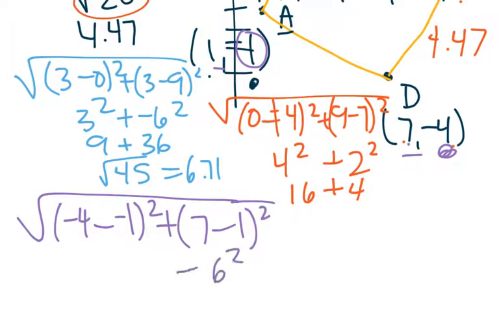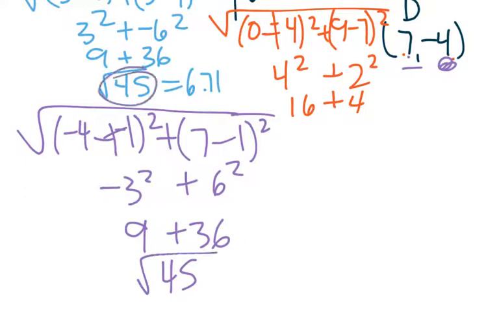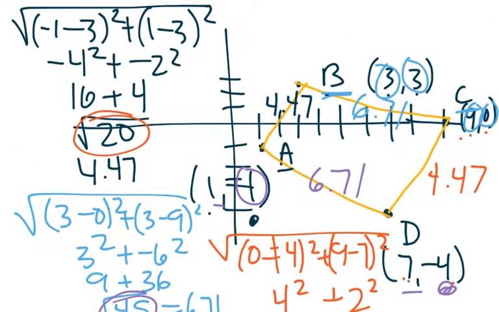So we get 6 squared plus -4 plus 1 would be -3 squared, which would give us 9 plus 36, which is 45, so square root of 45, which we know is 6.71. So, if we look at this, looks like we have a rectangle, even though my drawing and my graph were bad. We would probably check to see if those were opposite reciprocals, and if so, that would tell us if it's a square, or a rectangle.